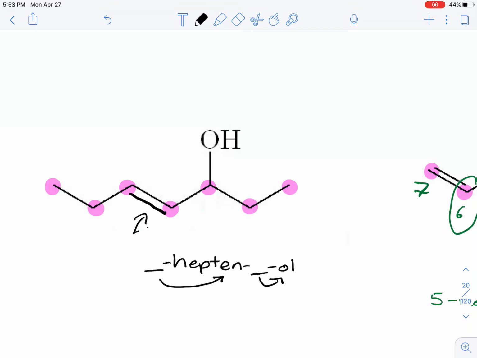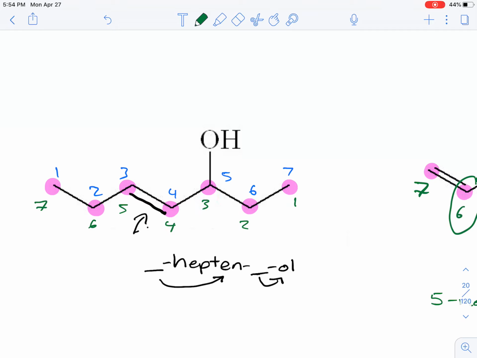And so once again, we're going to go ahead and number this left to right, right to left. 1, 2, 3, 4, 5, 6, 7. And if I go from right to left, I get 1, 2, 3, 4, 5, 6, 7.